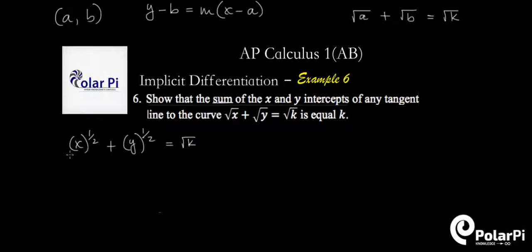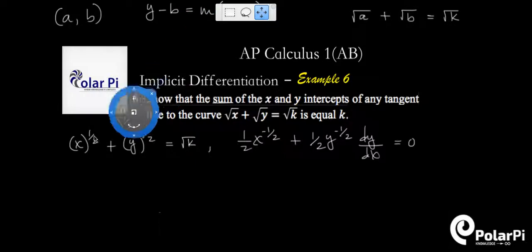Anyway, now we take the derivative implicitly and see that we have to write 1/2 x to the negative 1/2, and then plus 1/2 times y to the negative 1/2 times dy dx, equals 0.